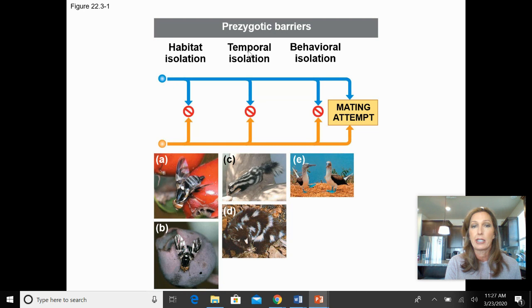Now, temporal isolation has to do with timing. Here we have two different skunk species. Skunks are not fertile all year round, 365 days of the year. So mating seasons are different for each of these skunks. One mating season might be in March, while this one might have a mating season in June, depending on their climate and their region.